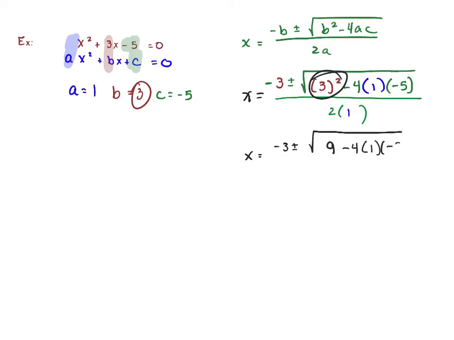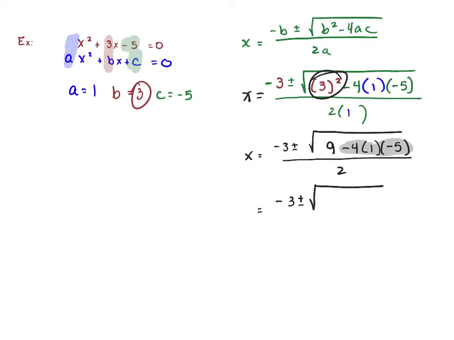We could do a couple of steps at once. 2 times 1 is 2, so we'll just write that in the denominator. Negative 3 plus or minus square root of. Now we do have to make sure, and this is where we got to be careful, you got to do all this multiplication first. You can't do 9 minus 4 because of PEMDAS, our order of operations. We have to do all that multiplication.